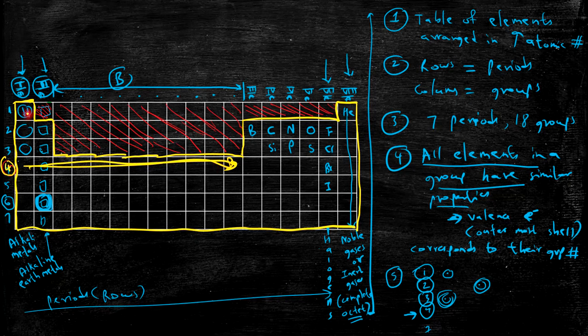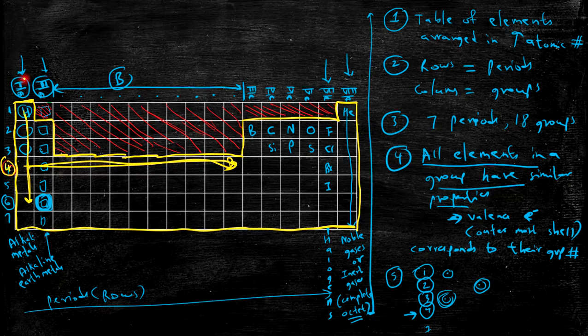Whereas when you go down in a group, although all the elements in the group will have the same number of valence electrons, these electrons are being added to increasing energy levels.